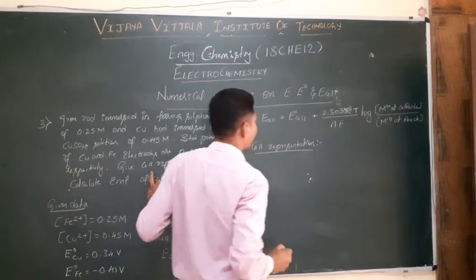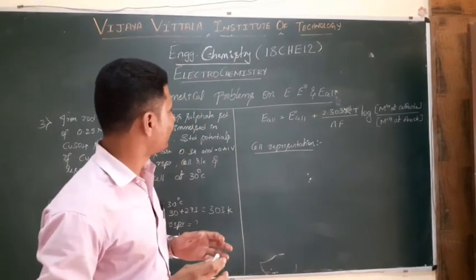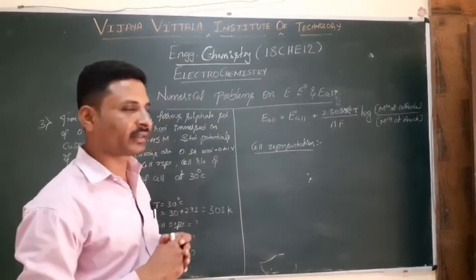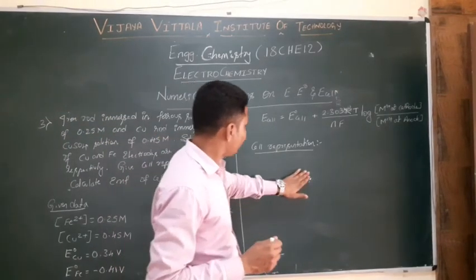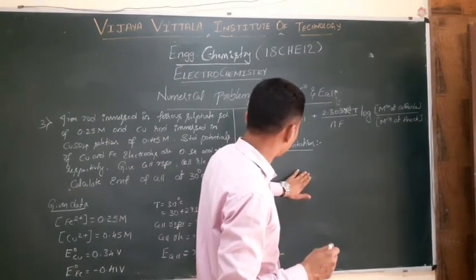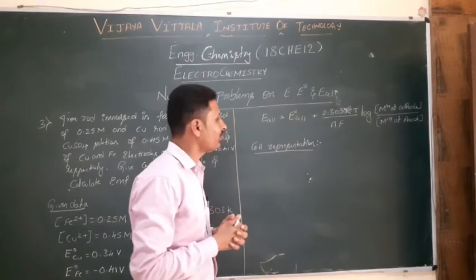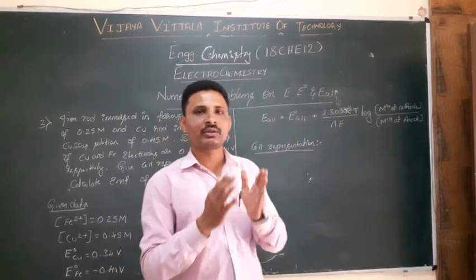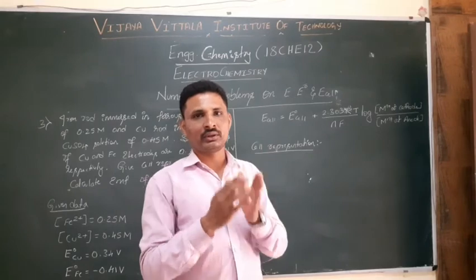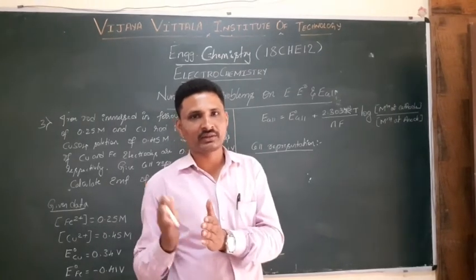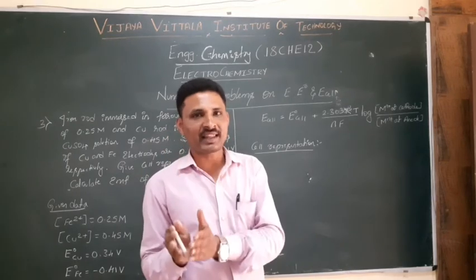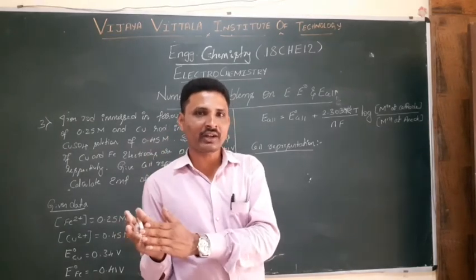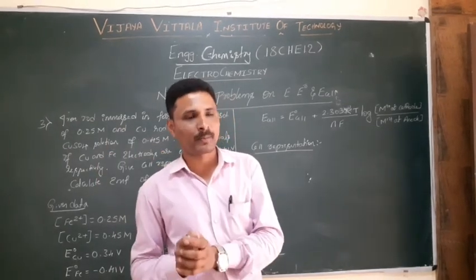We know how to notate or represent the cell. While writing the cell notation, first we need to write the anode, electrolyte, that forms the oxidation half of the cell, double slash, cathode electrolyte and then the cathode.